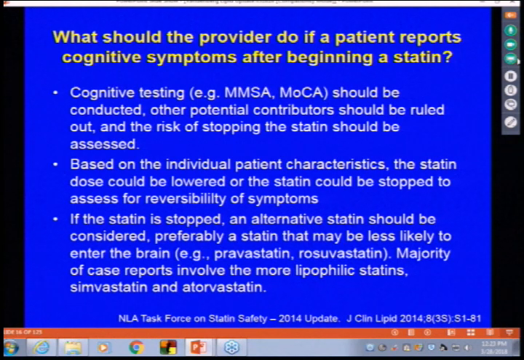They suggested that if your patient complains of cognitive issues, I always like to get feedback. Anybody have patients who have thought they had worsening, maybe dementia or confusion on a statin? It's in the labeling. It's on the internet. It's definitely out there. So these are the recommendations to consider.